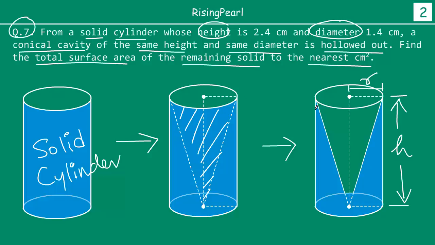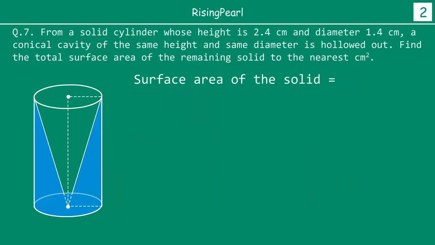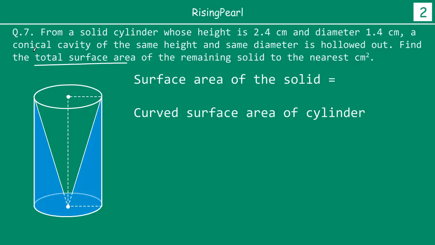So we have to find the total surface area of the remaining solid. So let's clean this up a little bit. The total surface area of our final solid should include the curved surface area of the cylinder, because whenever we talk about the total surface area, we always ask ourselves, what is the surface area on which I have to apply paint?